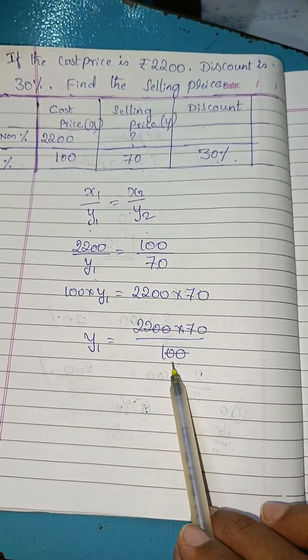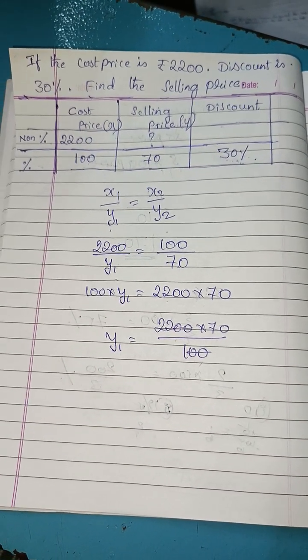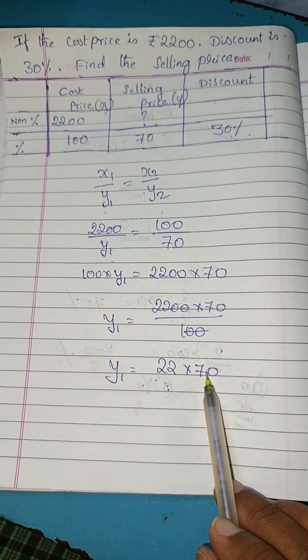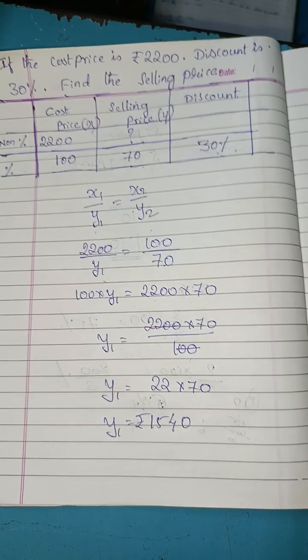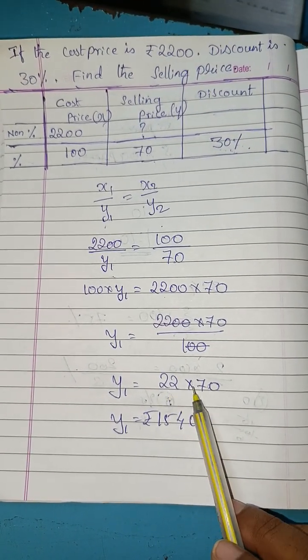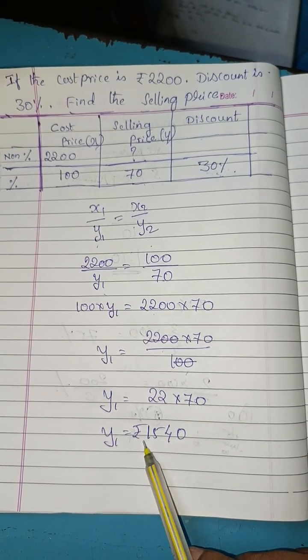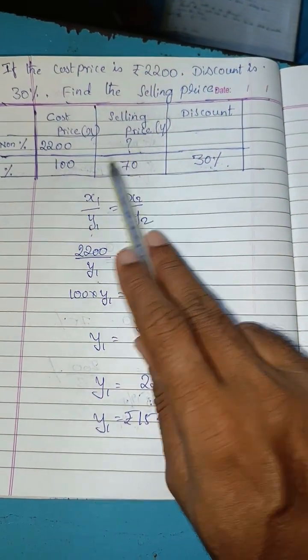Two zeros cancel. Now the remaining factors in the numerator are 22 and 70. The product of 22 and 70 is 1540 rupees. What is this 1540? It is the selling price.